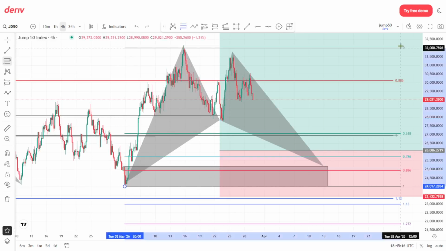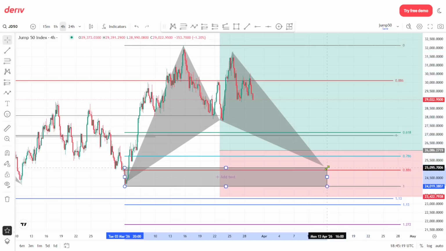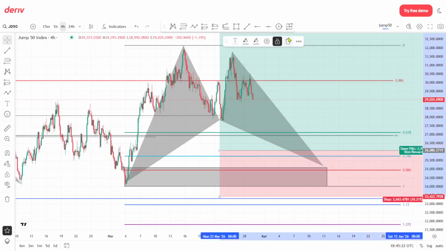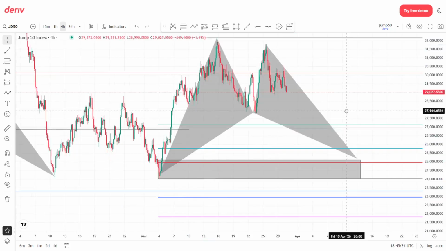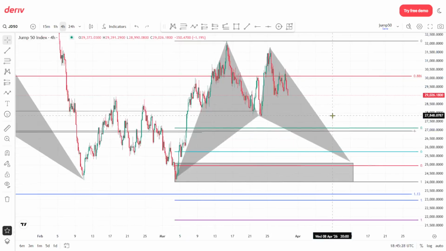It should be a classic bat pattern. Yeah, it's a classic bat pattern. So let me remove this one also. This is what I'm seeing here. Beautiful. If you are seeing a buy, go ahead and take it. For people trading harmonics, this is what I'm seeing. That is just it.